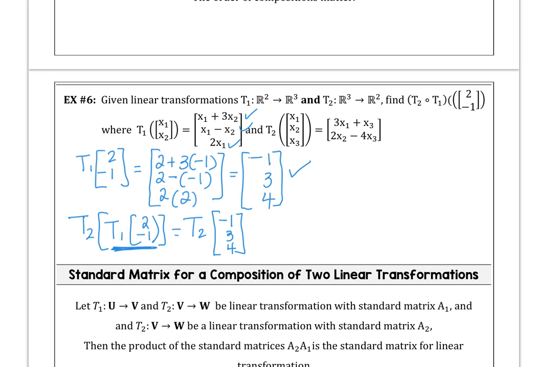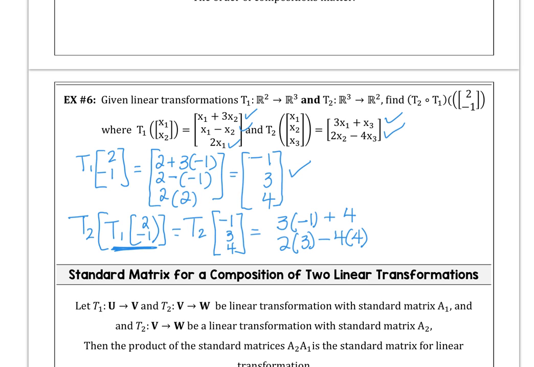And we have 3 times -1, following the rule, plus 4, since x3 is 4, and 2 times x2, that's 3, minus 4 times x3, that's 4.